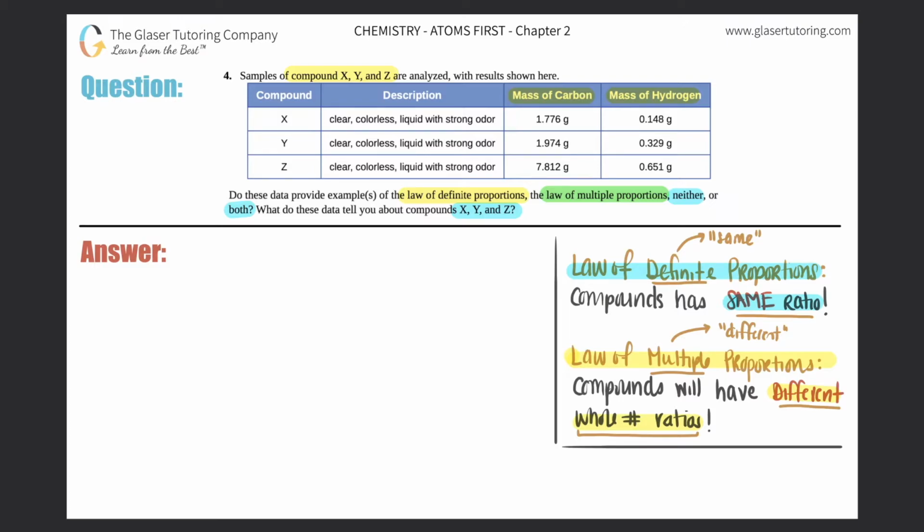All right, so now we just have to find out what the ratios are, because it's going to be either the same ratio or different. So I'm going to set this up by saying compound X, compound Y, and compound Z. All right, so now we have to make a ratio. And remember, when we did our conversions, we did tons of ratios.